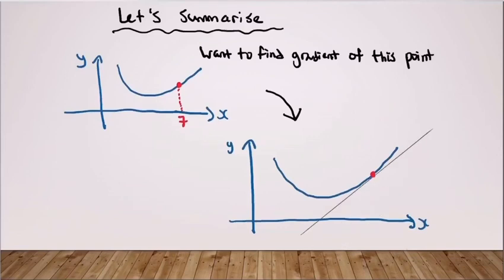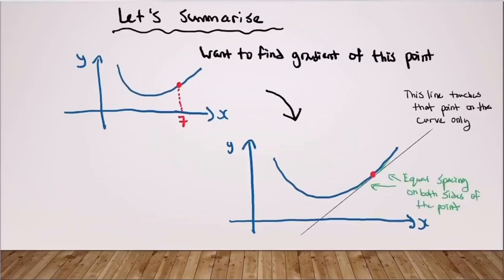Make sure the line only touches that point on the curve. It must not touch any other point on the curve. But how to know for sure whether this is the correct line? Look at the green region that I shaded here. Make sure that there is equal spacing on both sides of the point.